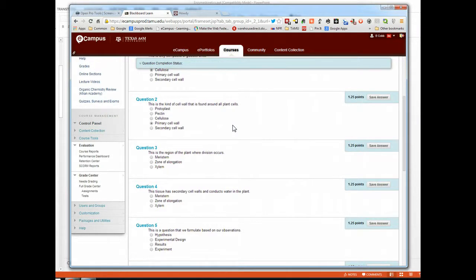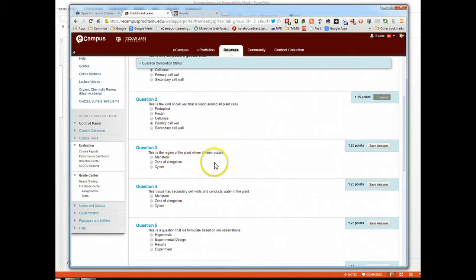So you've got the primary cell wall, and then the protoplast. And then if secondary cell walls are going to be made, then the Golgi, that entire endomembrane system, is going to start pumping stuff out to the cell membrane and dumping it outside as the cell thickens from the primary cell wall in. Okay?